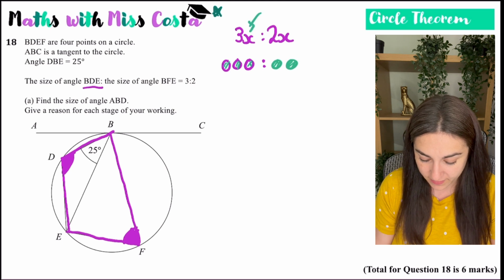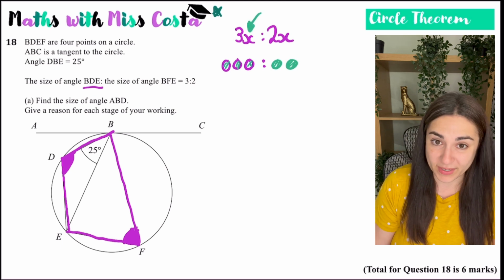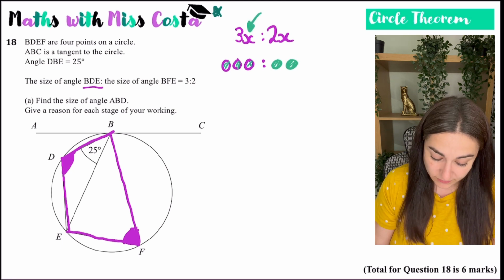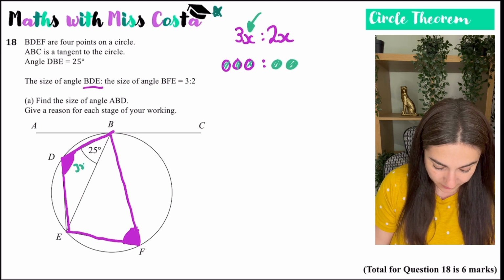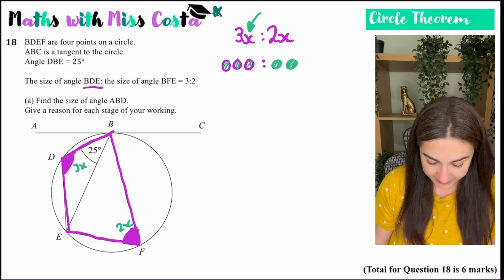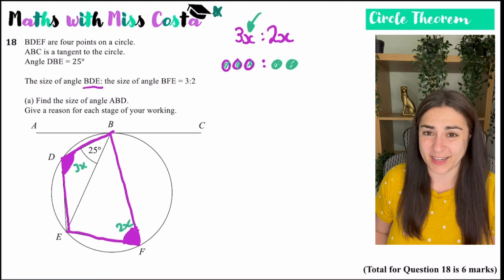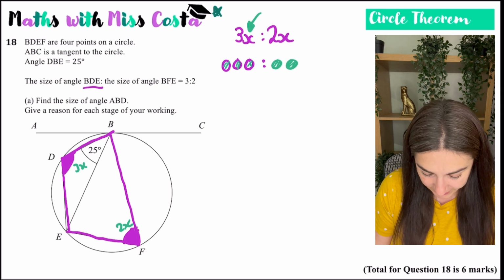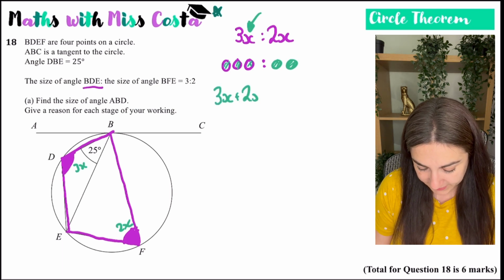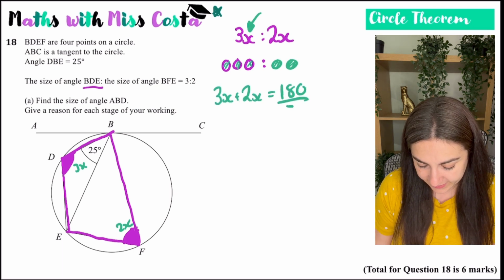So whatever the degrees is, 3 lots of x is this angle, and this angle is 2x. And the reason I do that is because I can then form an equation. So 3x plus 2x must equal 180.